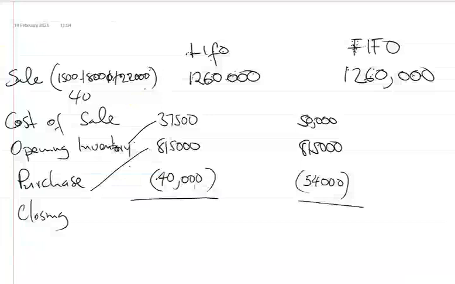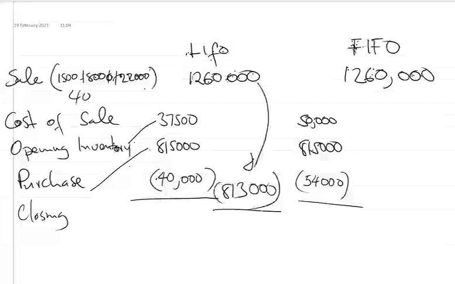So the cost of sales for this one should be 813,000. And the gross profit, if we subtract with this and this, we should find a value of 447,000.